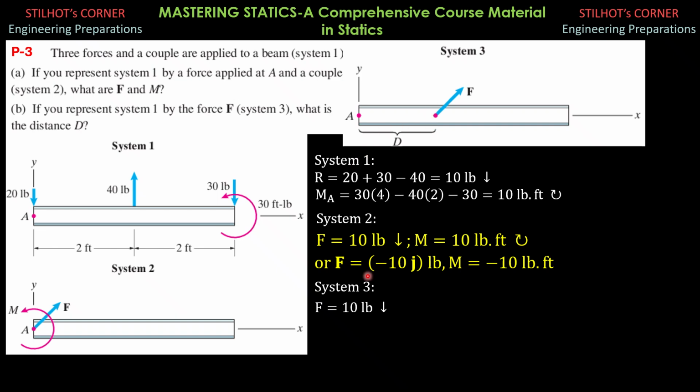That's clockwise. Then we equate that to this clockwise moment of 10 pound-foot. So Fd equals 10 pound-foot clockwise positive. So F is 10 pounds downward, times d equals 10. So d is 1 foot. So that's for this problem.